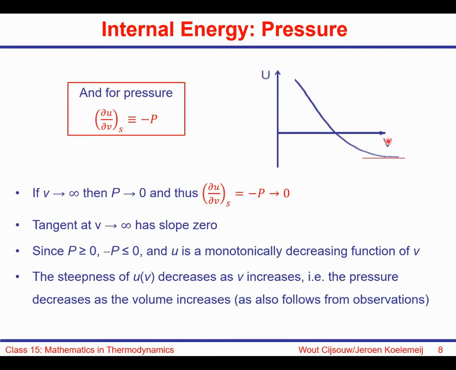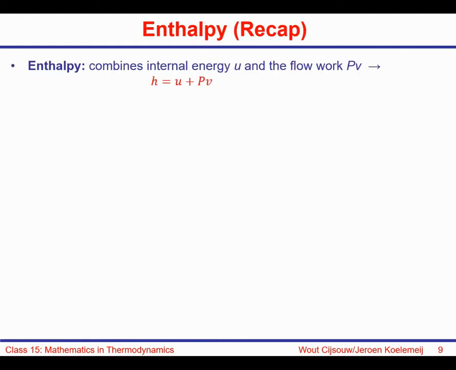So with increasing volume, pressure goes down. We already knew this, of course, for a long time, but this is basically deriving it from the functional behavior of this function U. So we are inverting our reasoning. Now, so much for the internal energy.